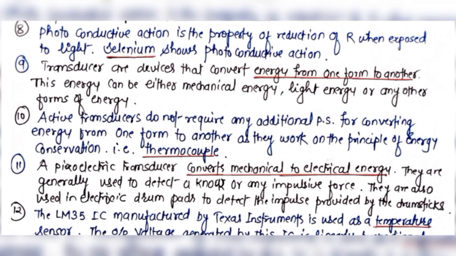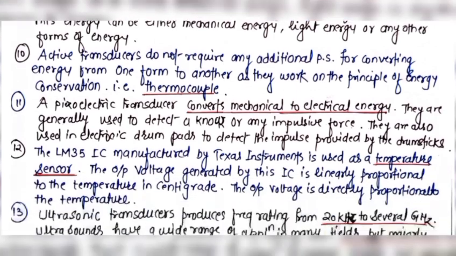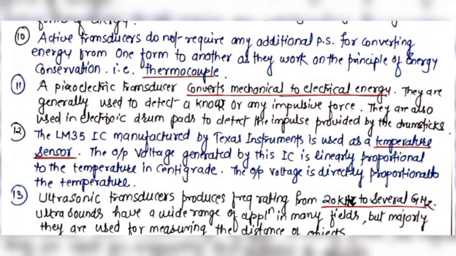The piezoelectric transducers convert mechanical to electrical energy. They are generally used to detect knocks or any impulsive force. They are also used in electric drum pads to detect the impulse provided by the drumsticks.